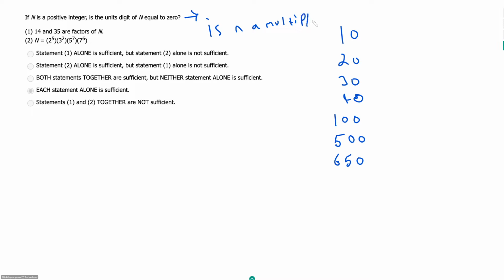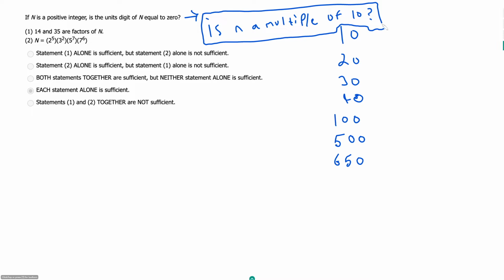So this is sort of a divisibility question that is disguised as one of these units digit questions, or maybe even an exponent question. But that is why I say divisibility is really the singular most valuable subject to know and understand on the GMAT, because it connects everything.